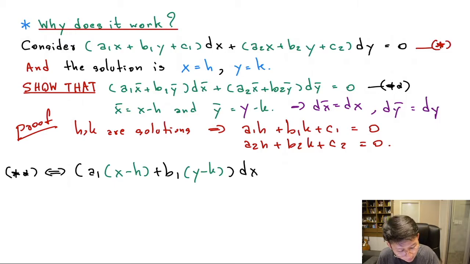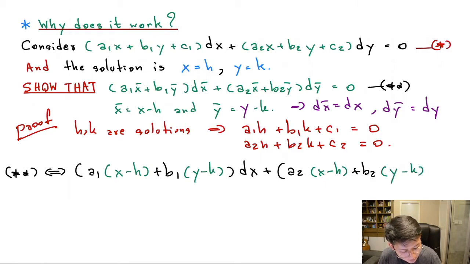And then the other one is a2 x bar. What is x bar? x bar is again x minus h, plus b2 y minus k, and then dy equals 0, because dy bar is actually dy.